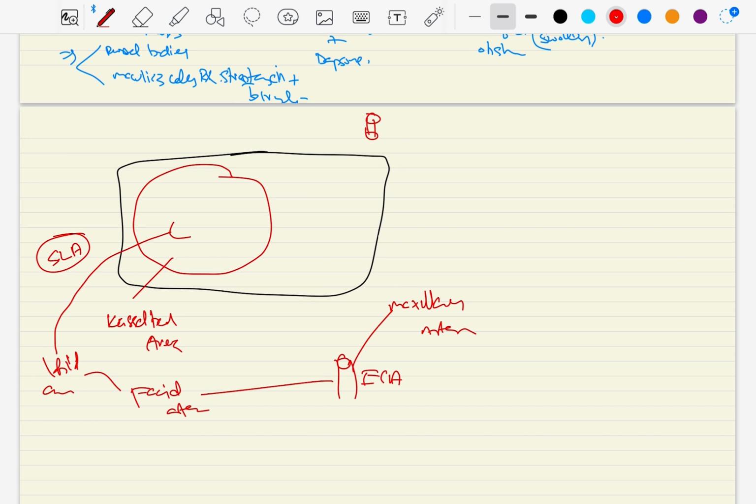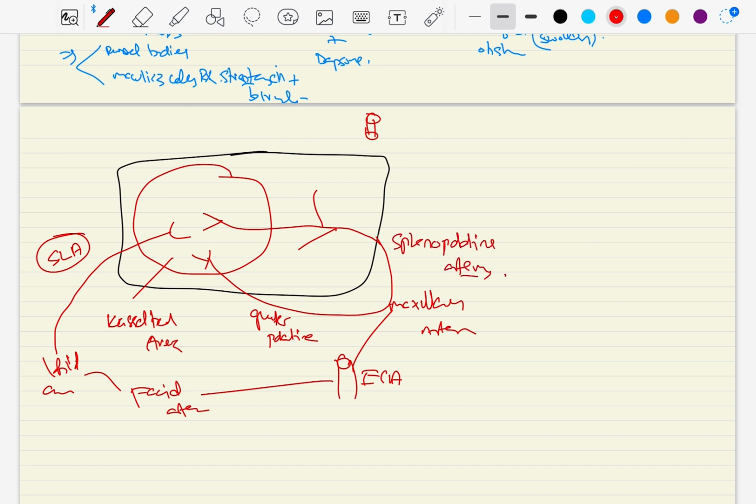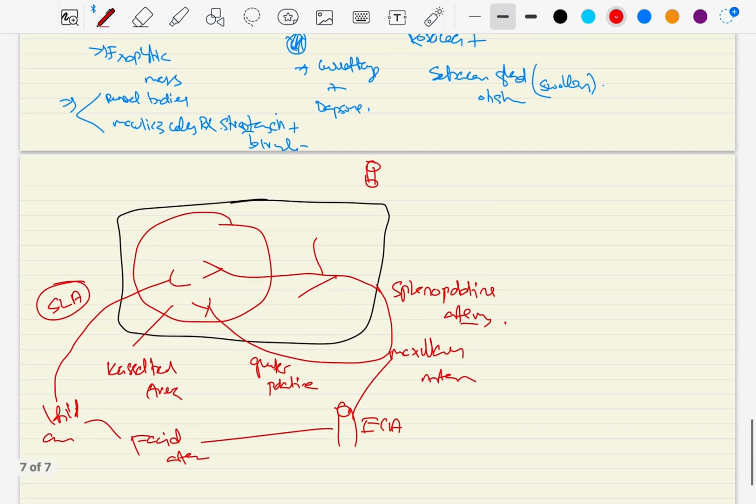Then the maxillary artery gives branches like the greater palatine, and also the most important artery, the sphenopalatine artery. They ask what is the artery of epistaxis: this is the sphenopalatine artery.